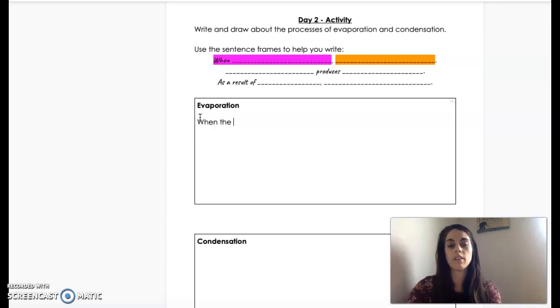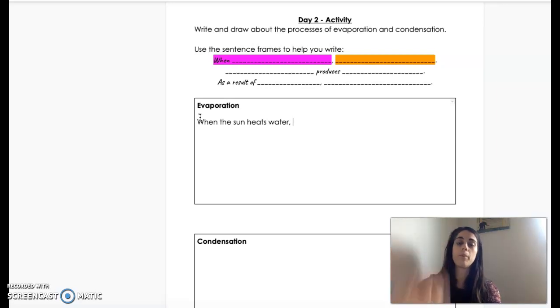When the sun heats water, comma, what is the effect? We could say it evaporates, or we could say the water goes up. I'm going to say it evaporates. This is one example. Please use the sentences.